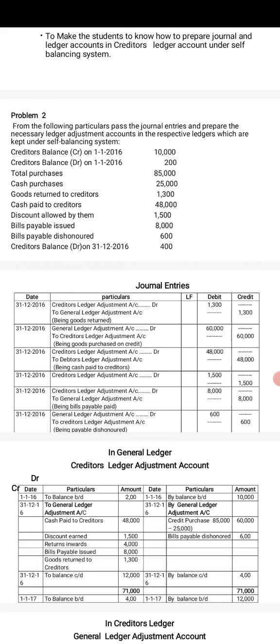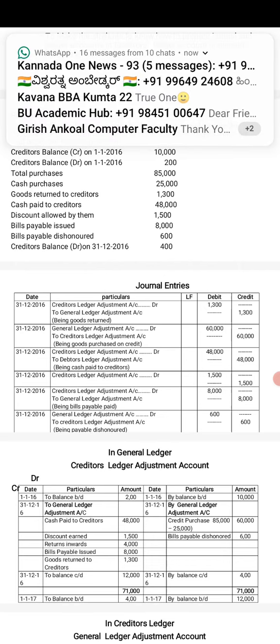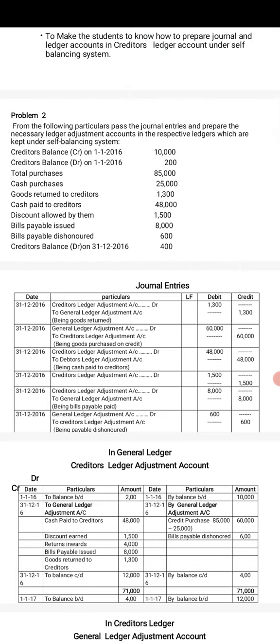Creditors ledger adjustment account debit to general ledger adjustment account, rupees 1,300. Second entry, for credit purchases: general ledger adjustment account debit to creditors ledger adjustment account, 60,000.